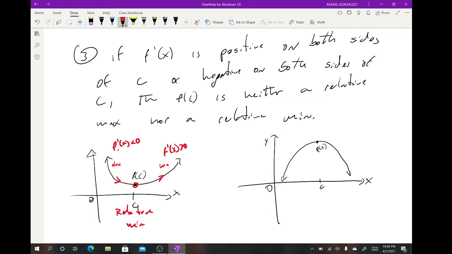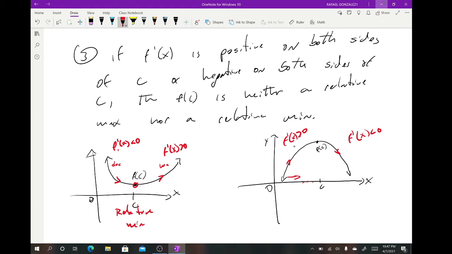Now we can see that when we move on the function from left to right, the function is increasing, which means that the derivative to the left of c is actually positive because we are increasing. And to the right of c, the derivative is negative because the function is decreasing. We could clearly see that.